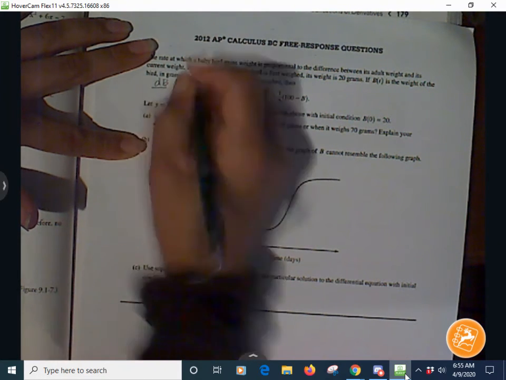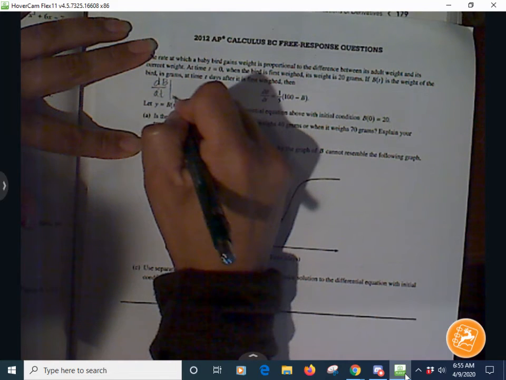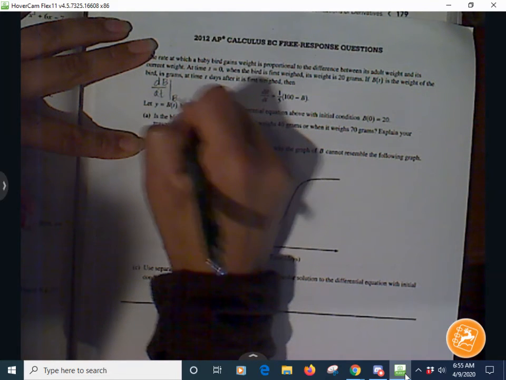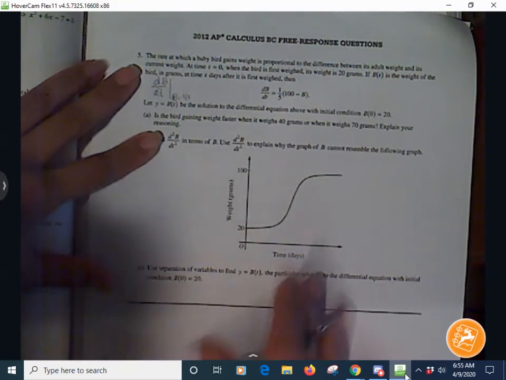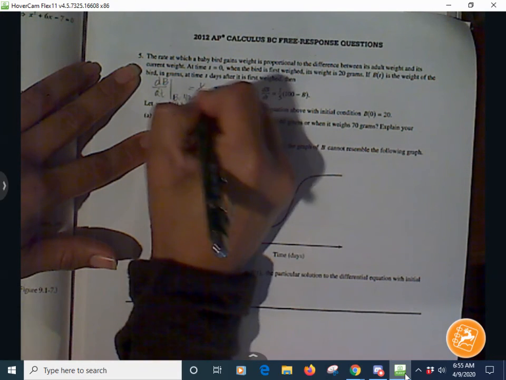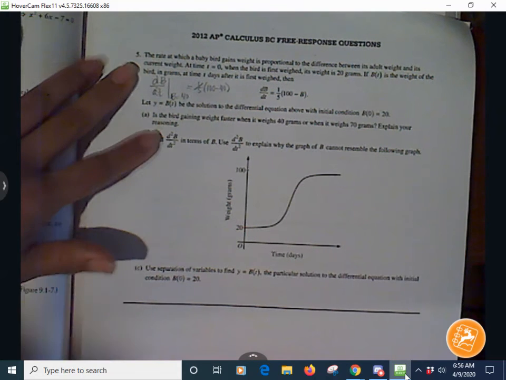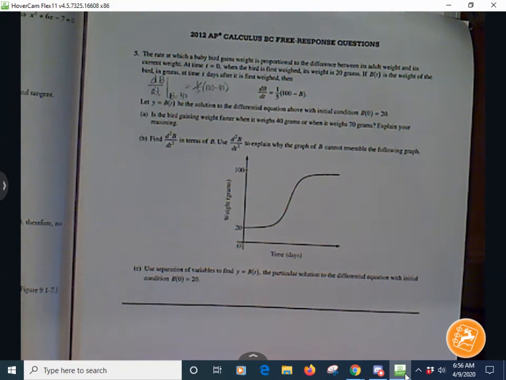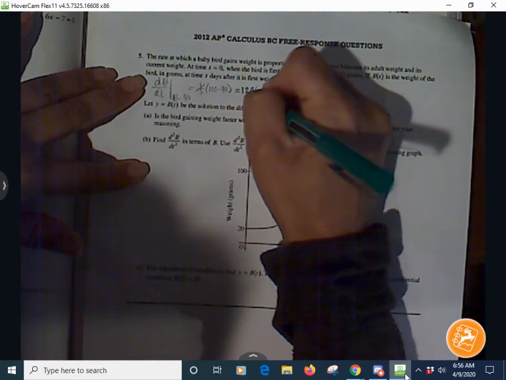dB/dt when it weighs 40, when B is equal to 40. So I would substitute that in, so I'll have 1/5 times (100 minus 40), and that's going to be 1/5 times 60, and 1/5 of 60 is 12. So this is going to be 12, and then it's going to be grams per day.